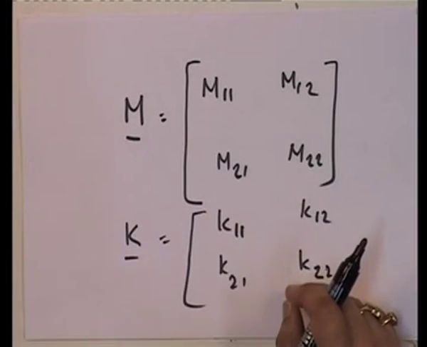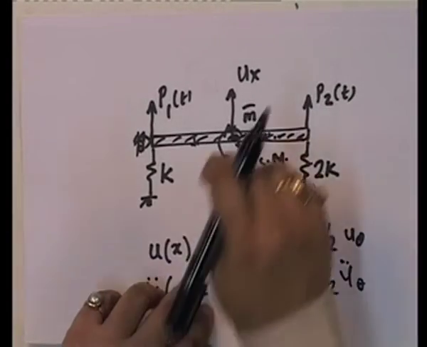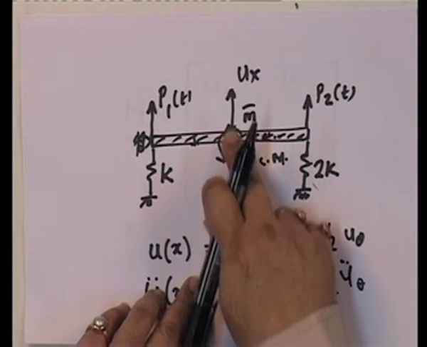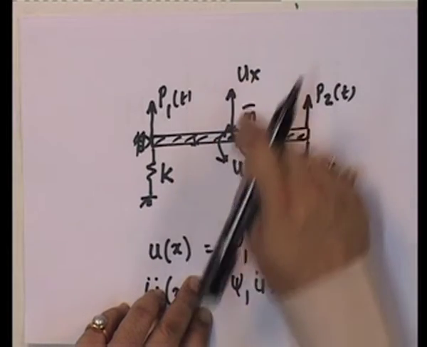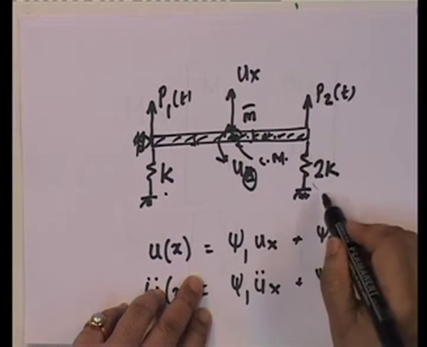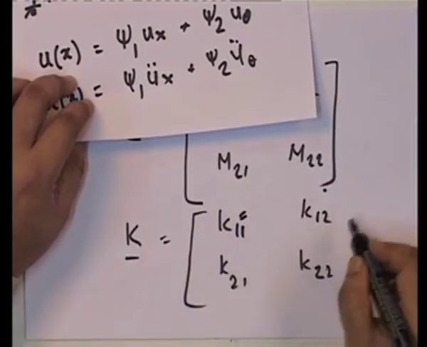So, if I apply a displacement 1 at u1, which is ux, what do I get? I get force k and I get force 2k. So, what is the net force here? 3k. That is K11.